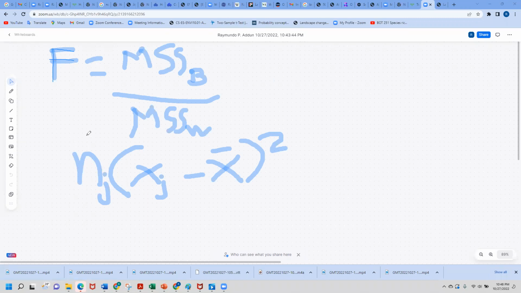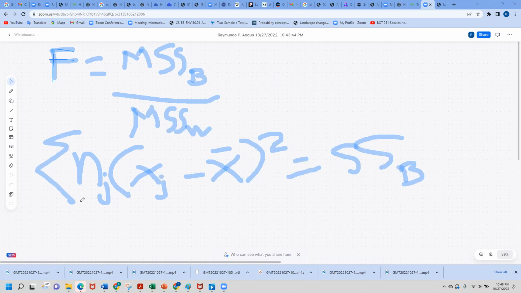And you sum for all J's, or for all groups. You sum them. So that's actually the sum of squares. So this is the sum of squares between groups.